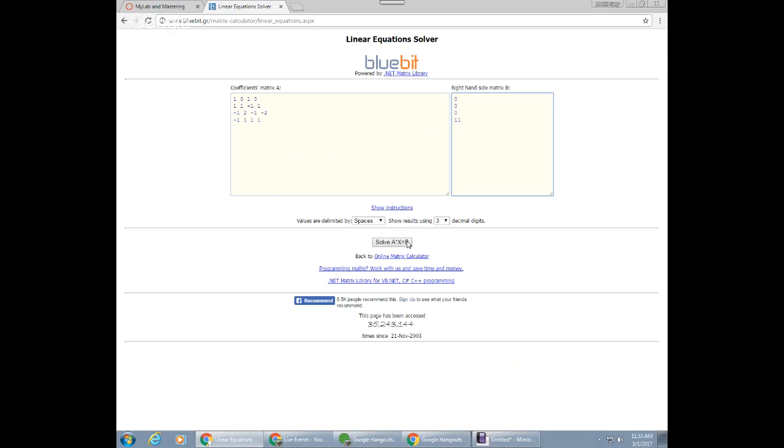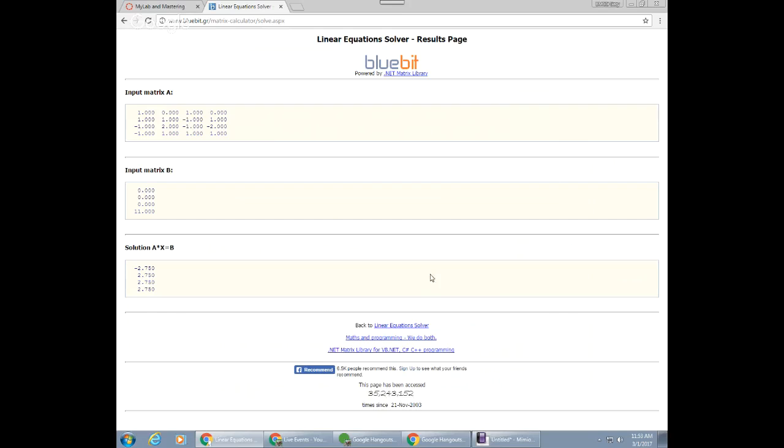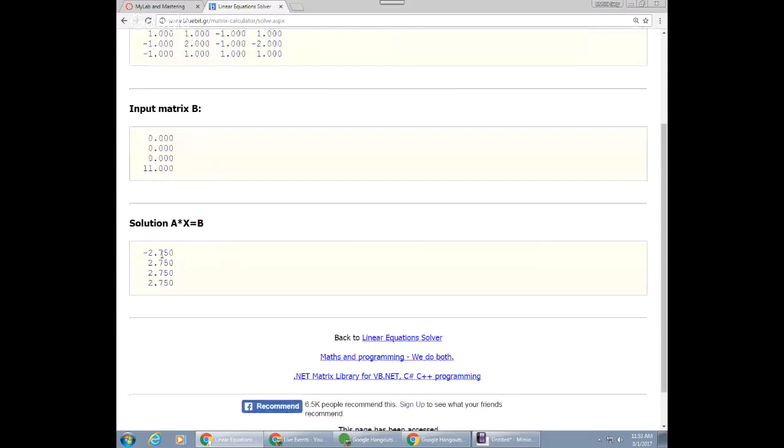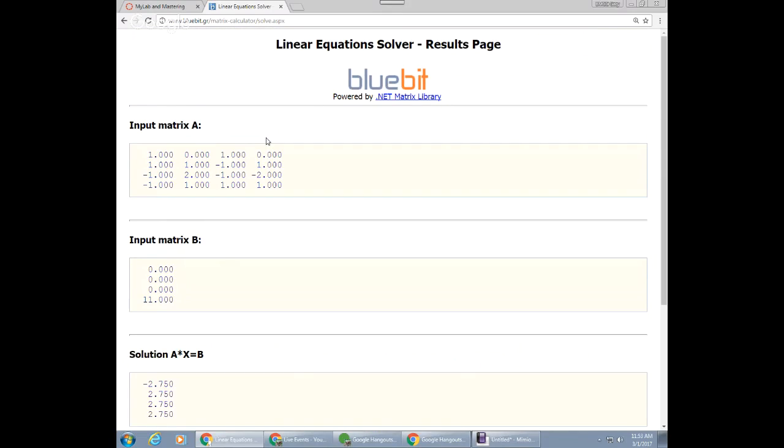And solve. Yep. Is 11 fourths 2.75? Yep, it is. Yeah, so here's my negative 11 fourths, 11 fourths, 11 fourths, 11 fourths. It gives it to me as decimals, unfortunately, but the TI can do the same thing by typing in that whole augmented matrix. And an augmented matrix is where you take the input matrix and combine it with the solution matrix in one bigger matrix.